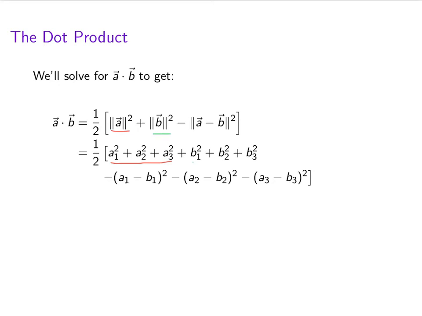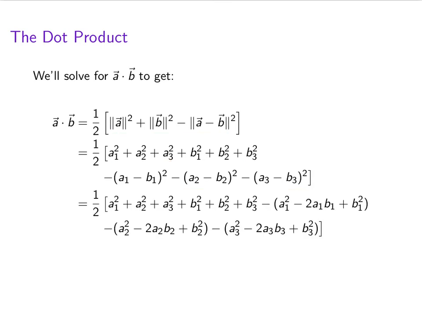Length of B squared turns into B1 squared plus B2 squared plus B3 squared. And finally, length of A minus B squared turns into this. Notice that we've distributed the minus sign. We do a little bit of algebra, work through everything, distribute some minus signs. And what we end up with is A1 B1 plus A2 B2 plus A3 B3.